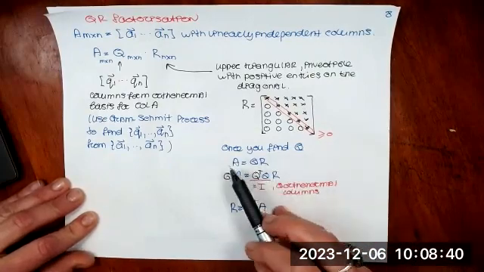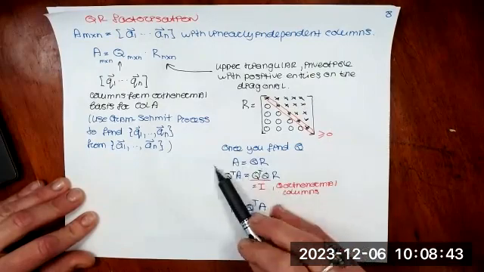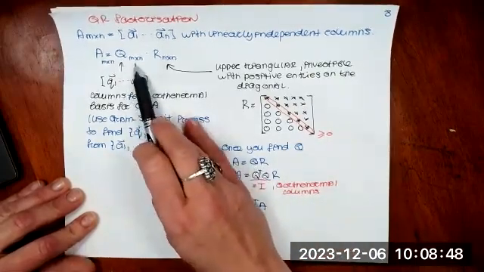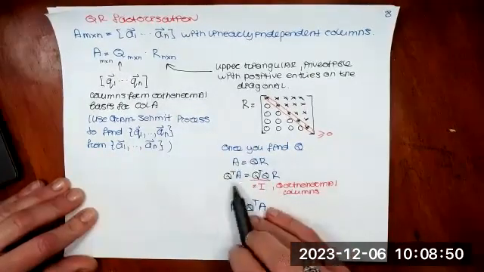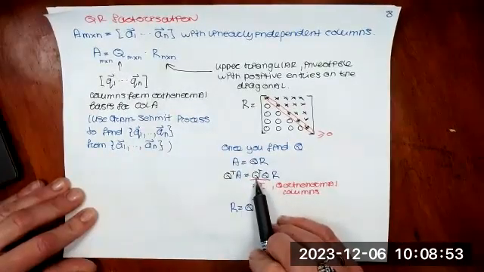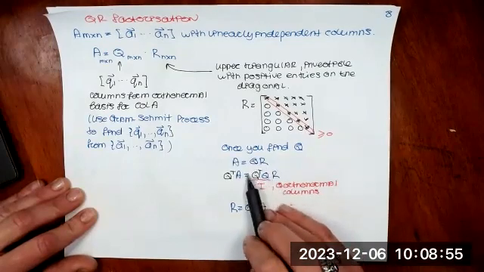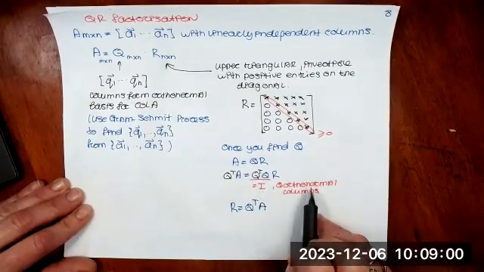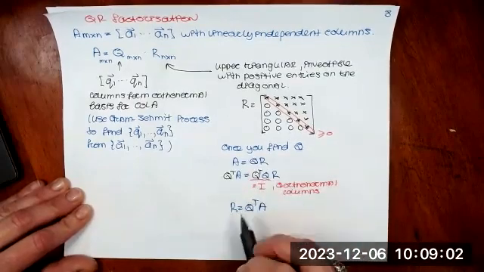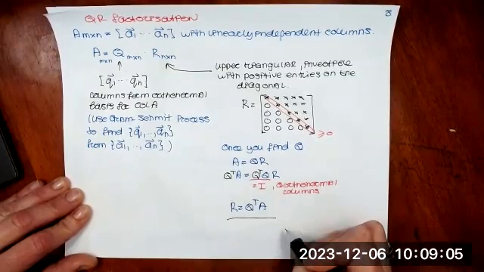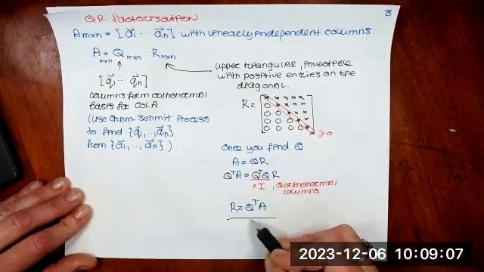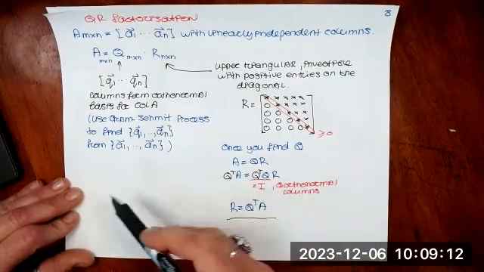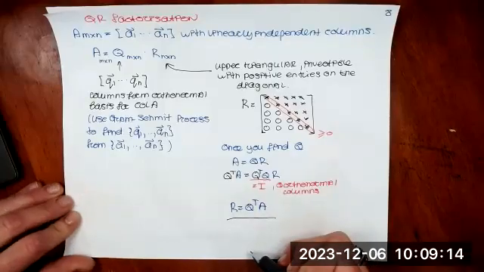So instead of multiplying by Q inverse, because I can't even find an inverse if Q is not a square matrix, I can always multiply by Q transpose, and then Q transpose times Q will be identity because of the orthonormal columns, and R times I is R. This gives me a nice formula for computing R: you just take Q transpose and multiply by the original matrix A. So once you know Q, you can just use this to compute R.